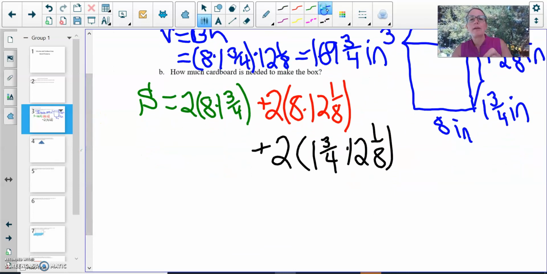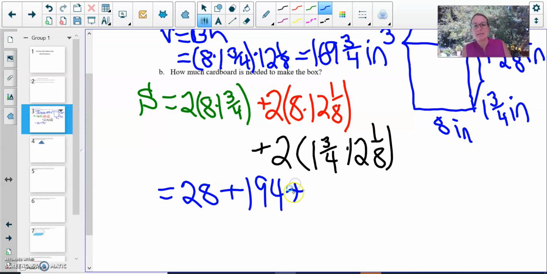Okay, so now we have to do our multiplying. 2 by 8 by 1 3/4 is 28, plus 2 by 8 by 12 1/8 is 194, plus 2 by 1 3/4 by 12 1/8 is 42 7/16.